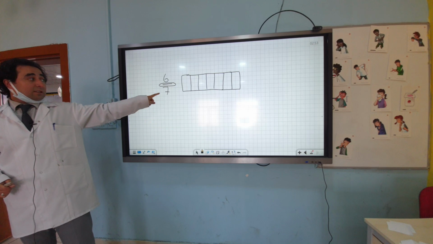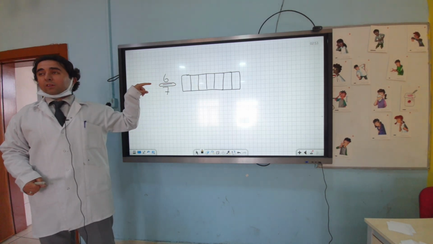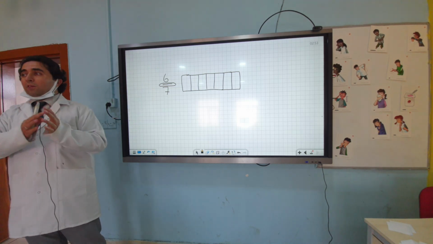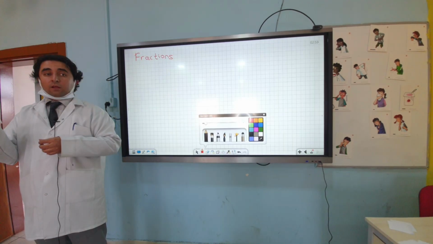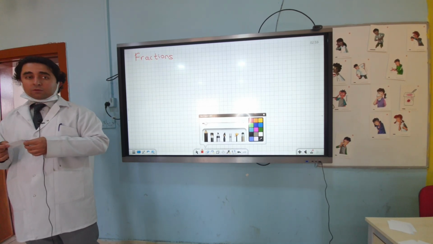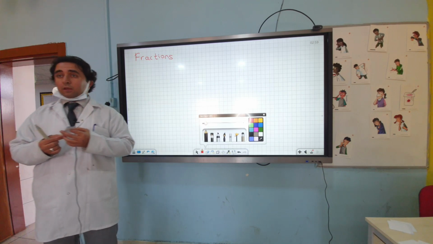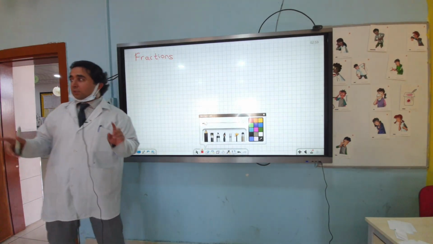Then let's continue. 7 is the whole of the fraction. We divide it into 7 pieces. How do we represent half? Did you forget? Then remember, fraction is a division.